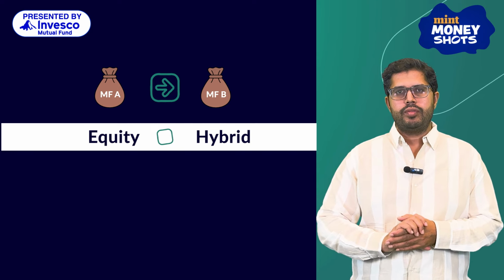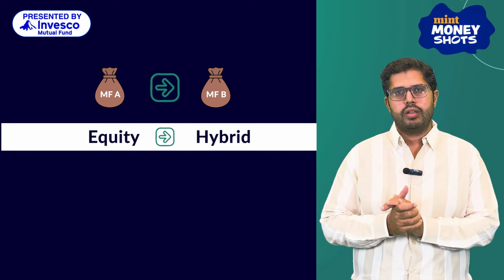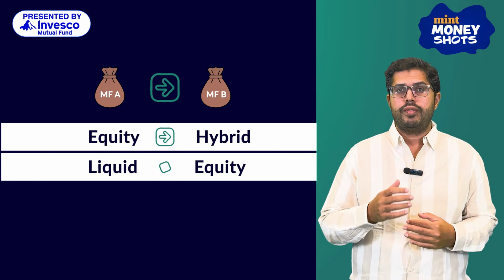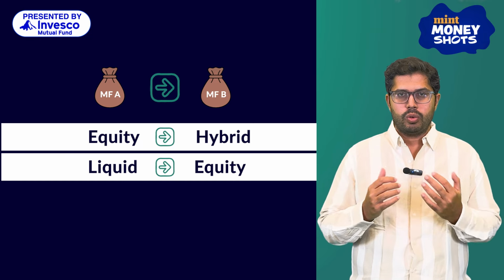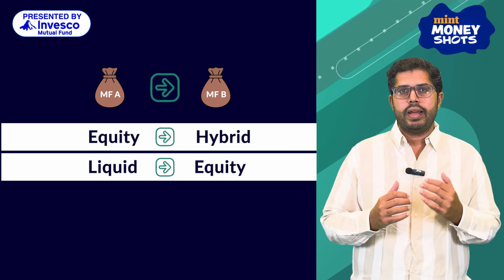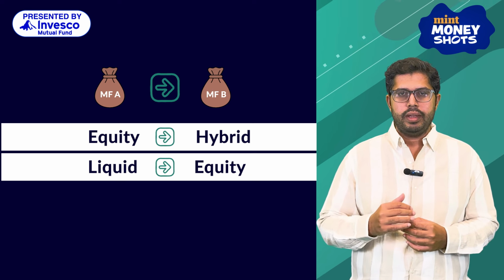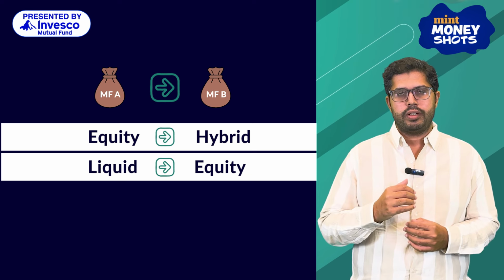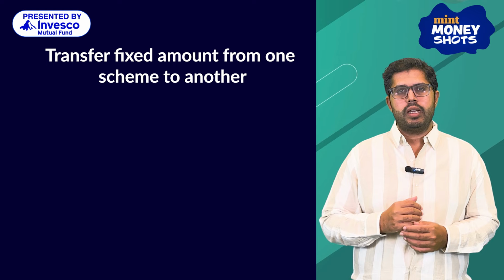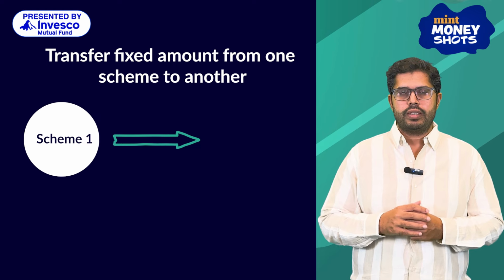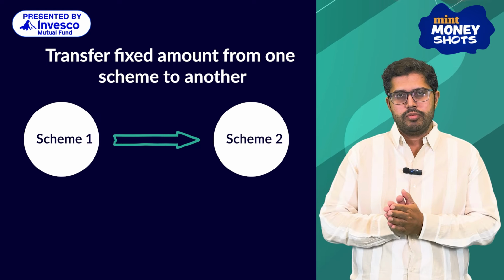Whether you're moving from equity to hybrid funds to reduce risk or from liquid funds to equity to capture growth opportunities, STP provides a flexible and disciplined way to navigate market volatility. With an STP, you can set up regular transfers of a fixed amount from one scheme to another.